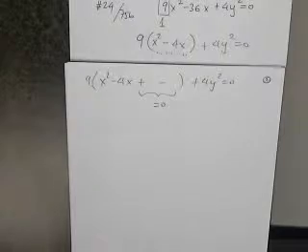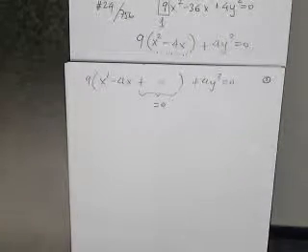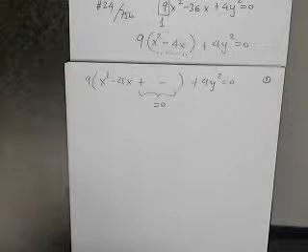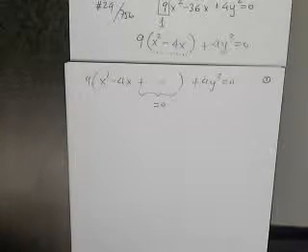Adding 0 doesn't change anything. So the middle coefficient is -4. I divide it by 2. I get -2. I square -2. What do I get when I square -2? 4. So this is what I need to add and subtract.